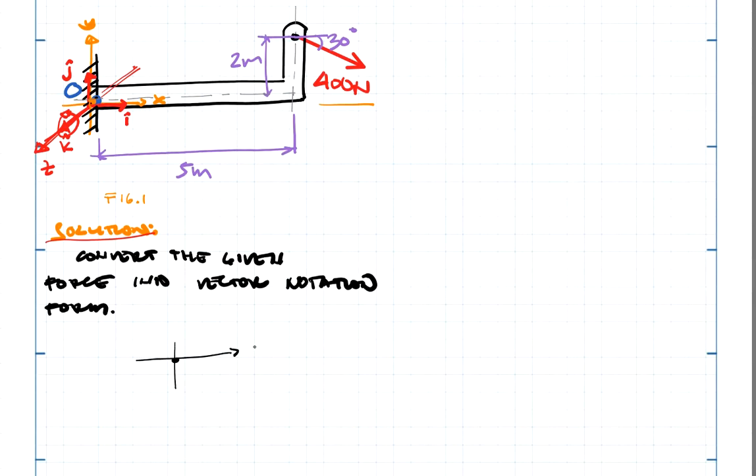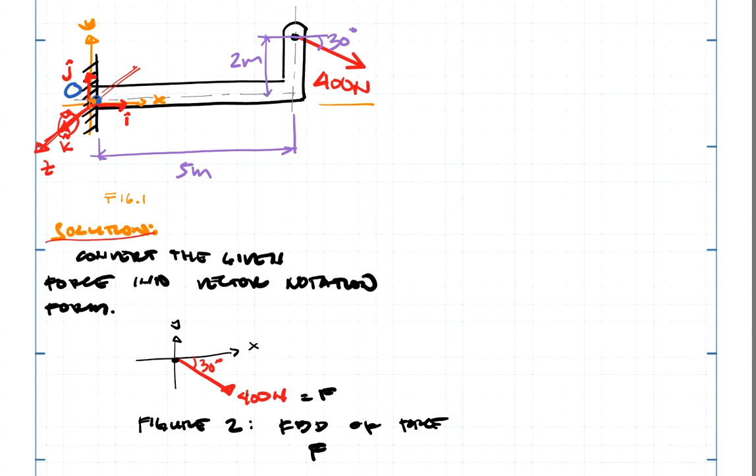We have x and y axis, then say this is our 400 Newton, and it is about 30 degrees from this x-axis. Figure 2. This is the FBD of force F. Let me name this 400 Newton as force F.